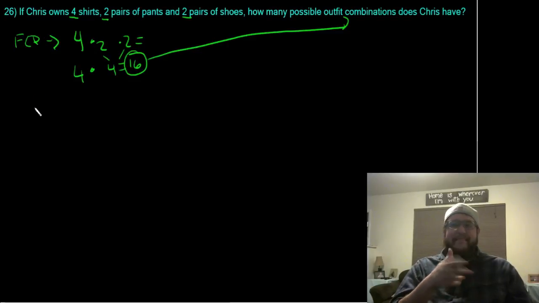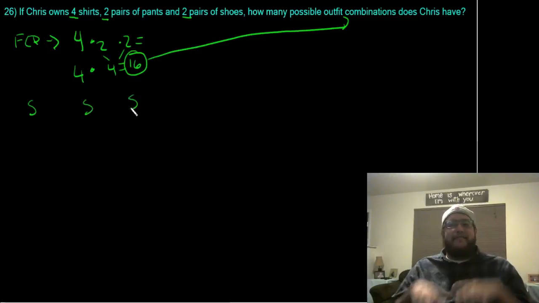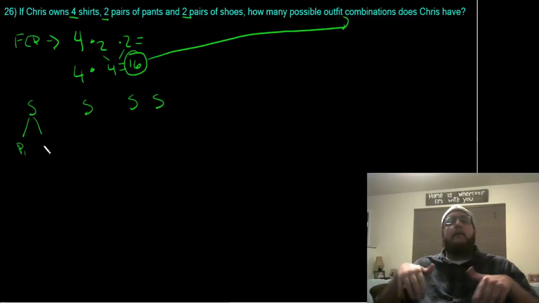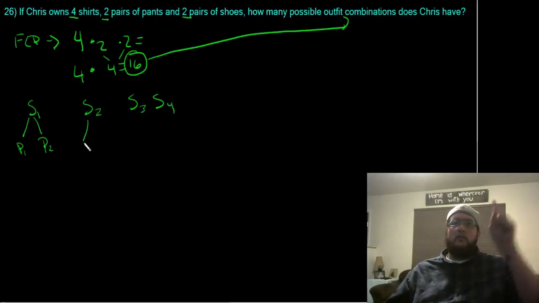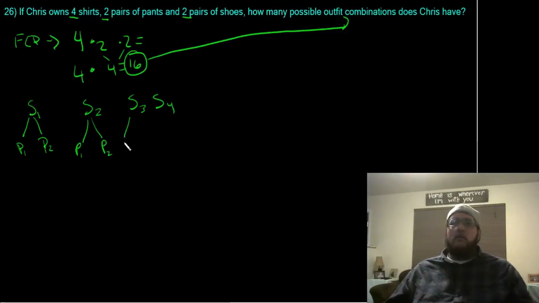We'll call them S for shirts. So 1, 2, 3, 4. And he has 2 pairs of pants for each one of them. Pants 1 and pants 2. We'll call this shirt 1, shirt 2, shirt 3, and shirt 4. Pants 1, pants 2, pants 1, pants 2, pants 1, pants 2.